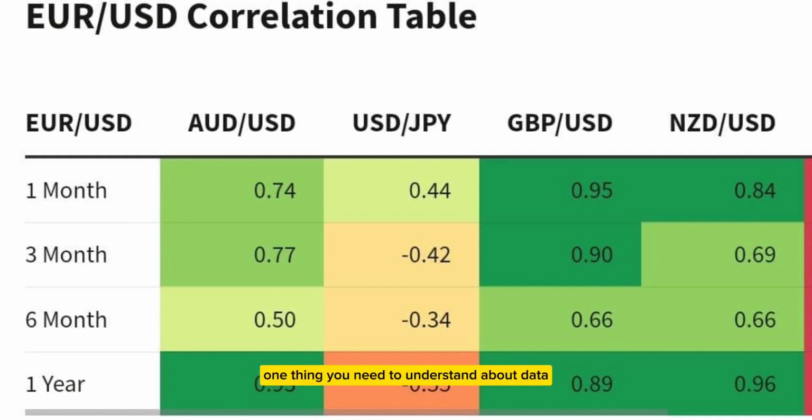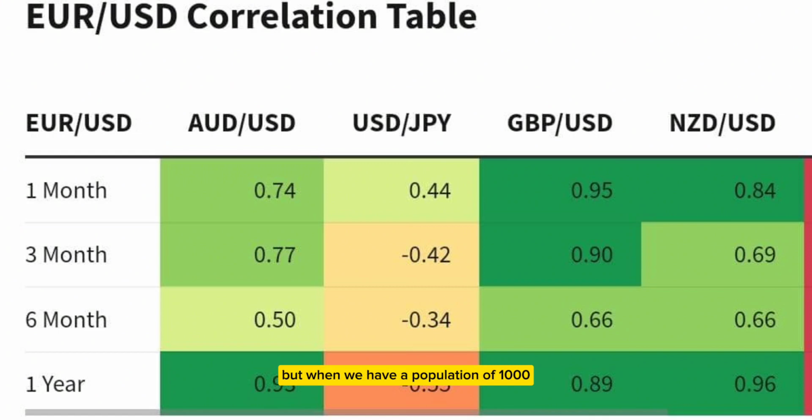One thing you need to understand about data or statistics is that the larger the time period, the more accuracy you achieve. If you take the average of 10 people in a big population and use that 10 to give an estimate of what happens in the big population, you will not have an accurate answer.